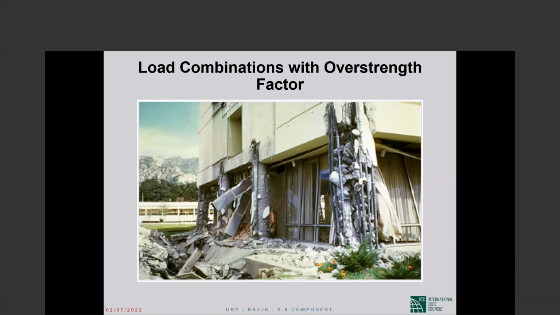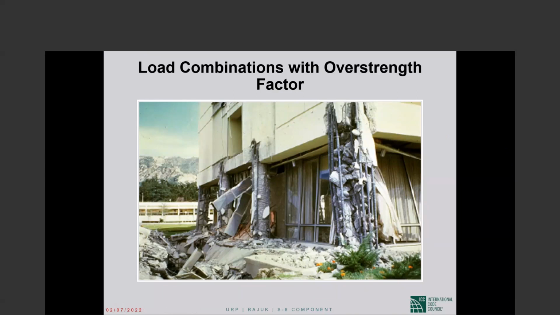Today's design, those columns, all four columns, will be designed for overstrength using load combinations with overstrength factor, and the entire length of that column will be detailed for ductility. We will have special detailing.